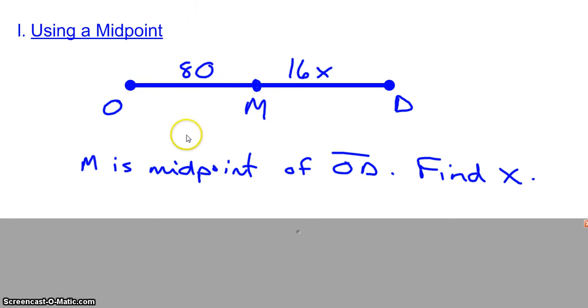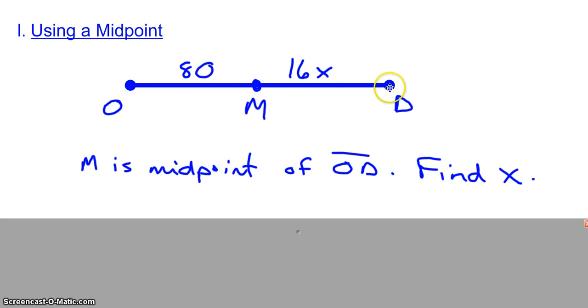80 is what small segment? Um, 80 is the length of O to where? Nope. It's to M, okay? So good. I want to make sure you understand. 80 is O to M. And what is the length of M to D?